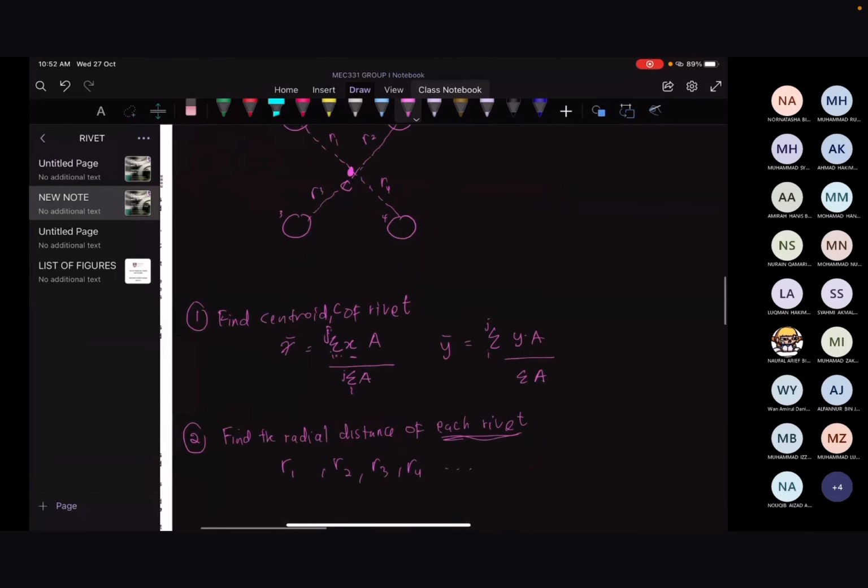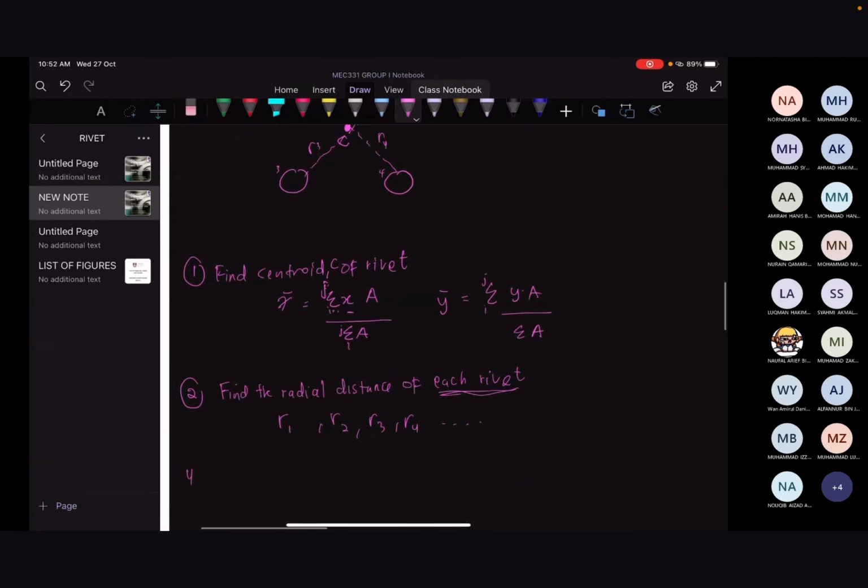So next, we have to find the eccentricity E. What is eccentricity? Eccentricity is the distance of the eccentric force from centroid.